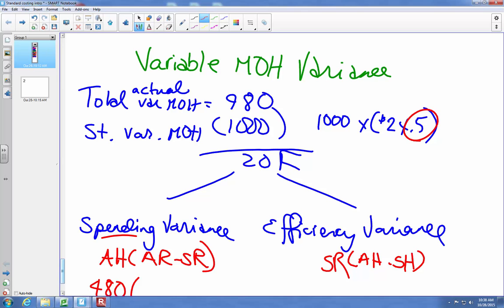And you can take these out to, I don't know, 2 or 3 decimal places. Then plug that in and subtract the standard rate.